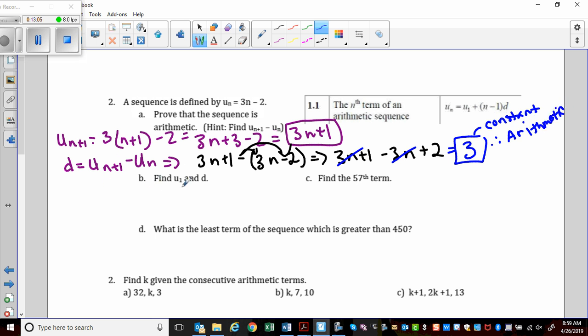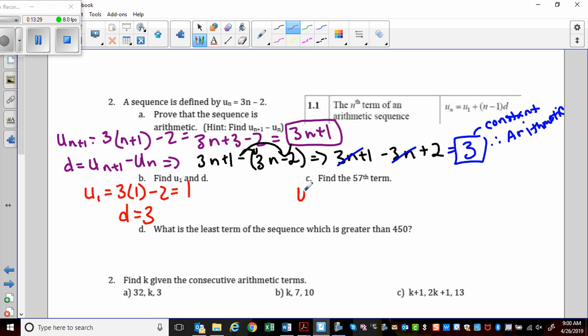All right, find u sub 1 and d, the first term and d. So u sub 1 is when we plug 1 in for n. So this is 3 times 1 minus 2, which is 3 minus 2, which is 1. Yay. And then the d we already know is 3. I guess that's it. Find the 57th term.